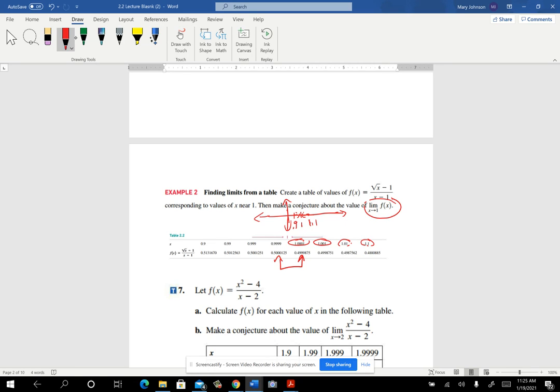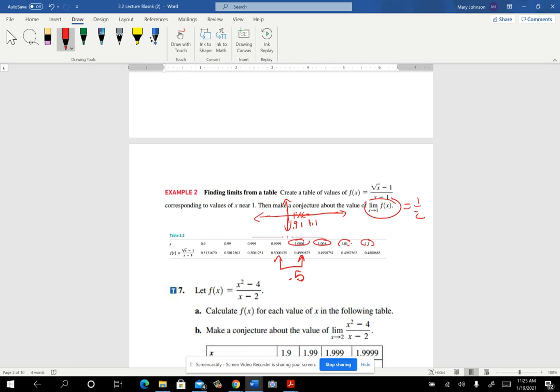Notice how both of them are getting really, really close to 0.5. So your conjecture would be that the limit would be 1/2 or 0.5.